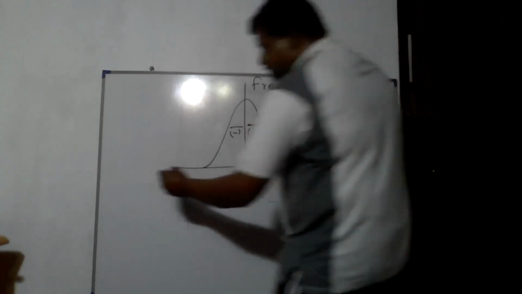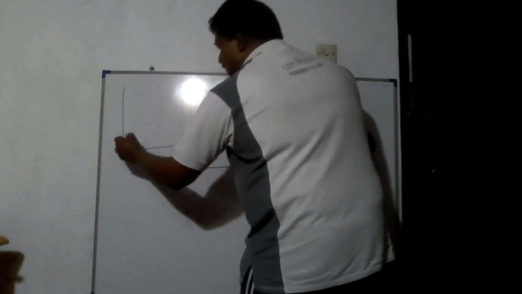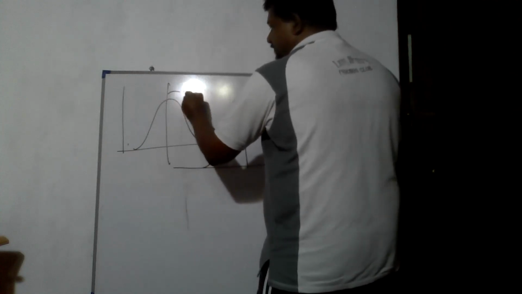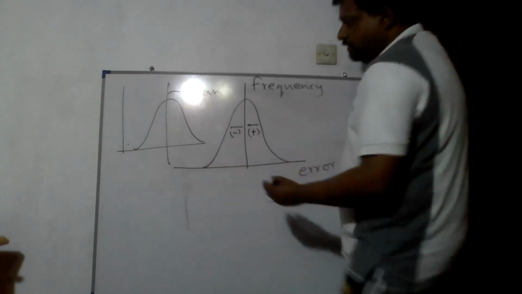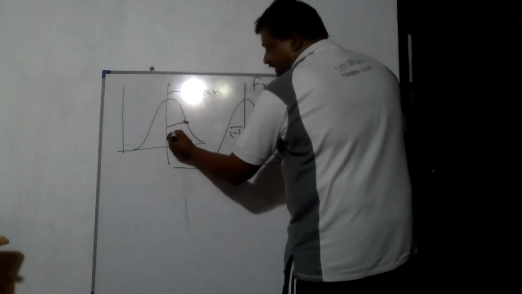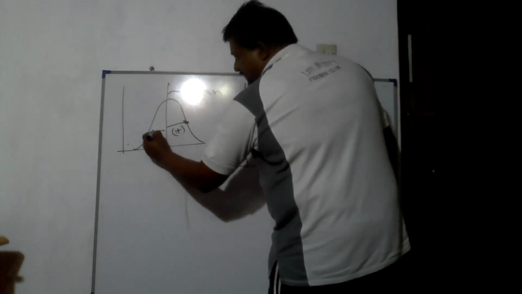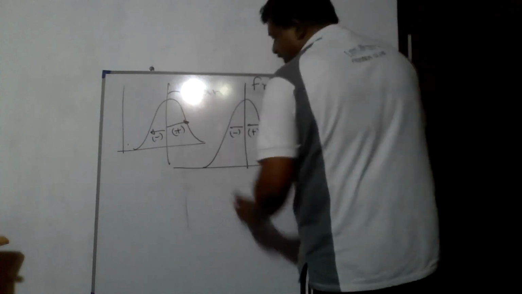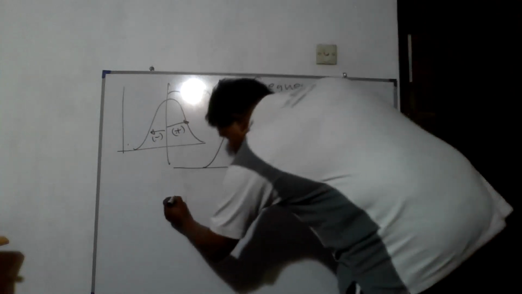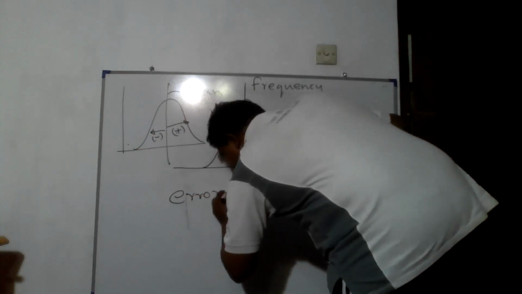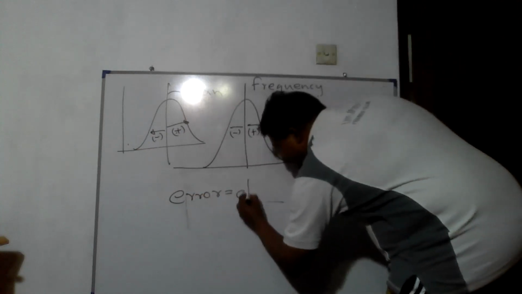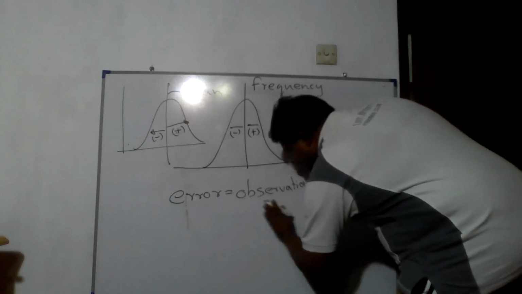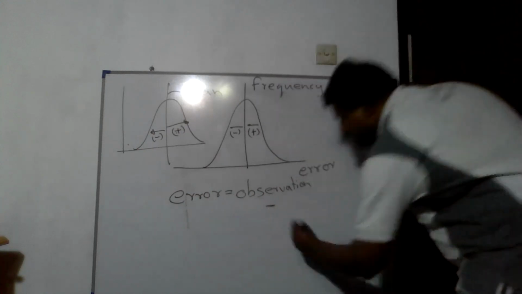Because in that curve, we are going to calculate the error with respect to mean. Okay, so from this towards this side it is positive, towards this side it is negative, because the observation is always less than mean, right? So the error is normally found equals observation minus mean.